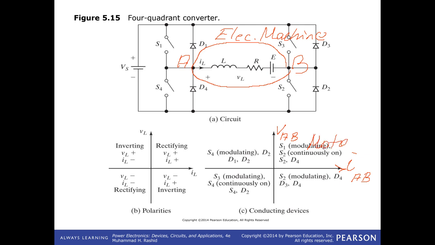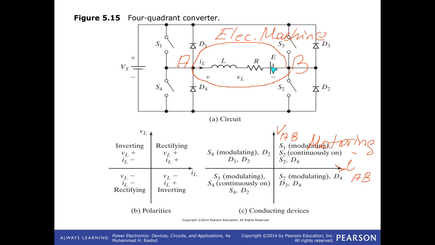For quadrant 3, in that case, S1, I'm sorry, S3, follow my cursor please. S3 and S4 are on, current is flowing in negative direction, voltage is reversed.